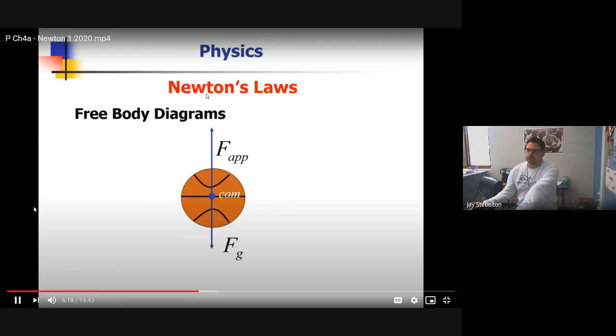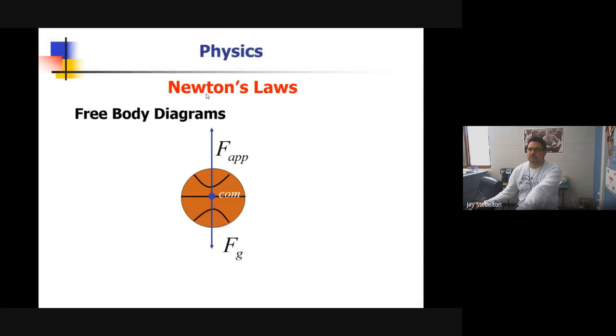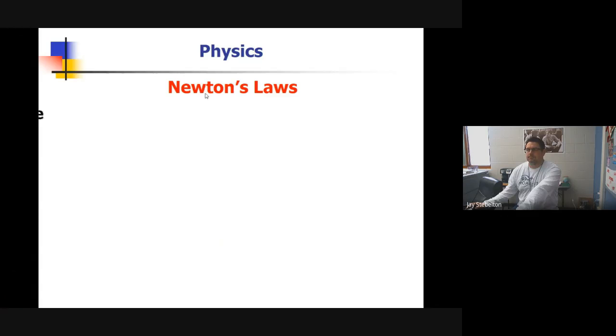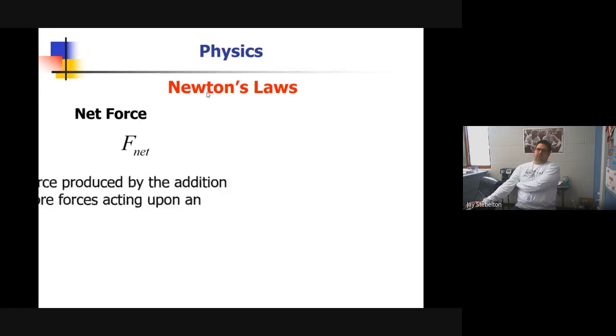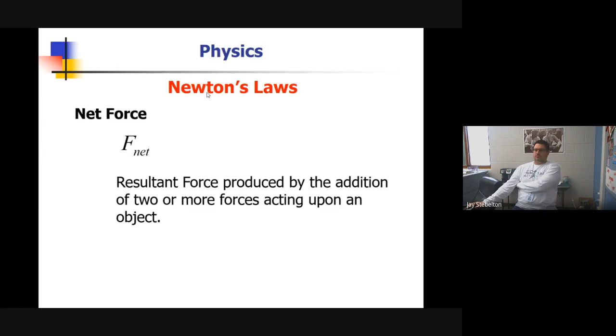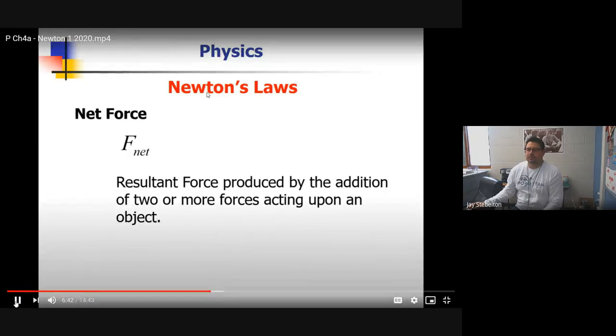It is the interaction of these two, the weight and the applied force, that tells you what happens to the object. See, we're concerned not with just one force, but all the forces, and that's referred to as the net force acting on an object, F sub net. Net force means the resultant force produced by the addition of two or more forces acting on an object.